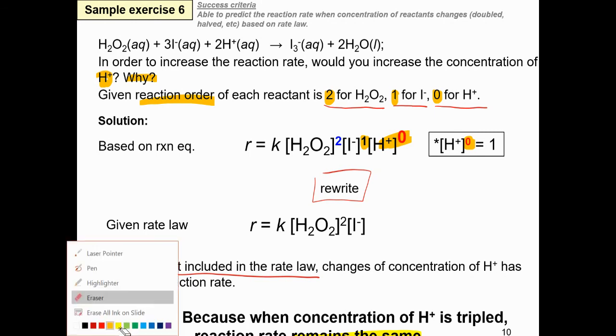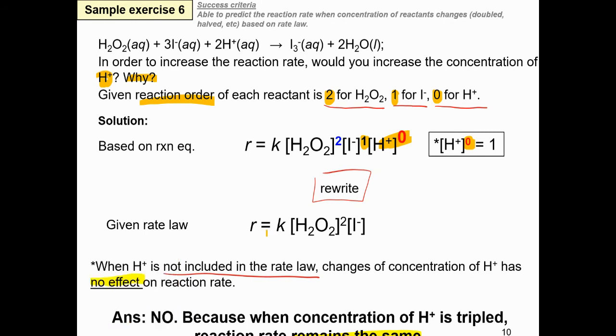Now let's look at this. If we have the rate law, we only have H2O2 and I negative. H plus is not inside. When H plus is not included in the rate law, it means the change of concentration has no effect on the reaction rate.